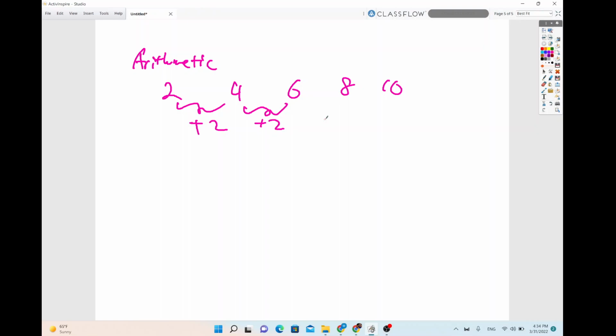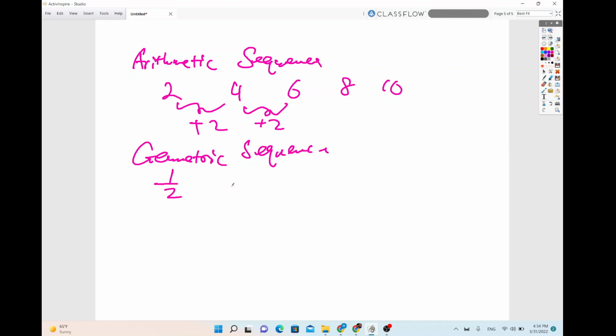So this one is called an arithmetic sequence. If it's a geometric sequence, what we need to do is multiplication. So let's say we have 1/2, then 1, and then times 2, that'll be 2, and then times 2 again, 4. Okay, like that. So this one would be the geometric sequence. Keep going on forever.